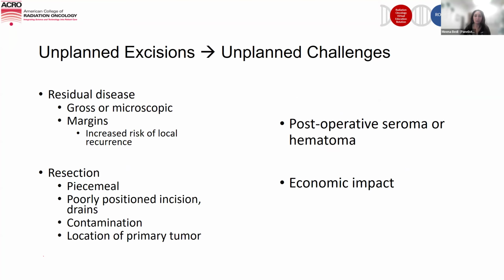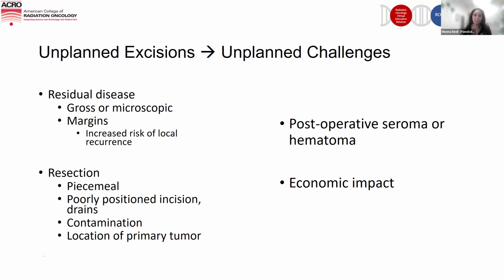If you have gross or microscopic disease, those positive margins can increase the risk of local recurrence. Resections are often done piecemeal. The drains are not ideally positioned. Maybe they're really far away from the initial scar. You could have contamination of the adjacent compartments.